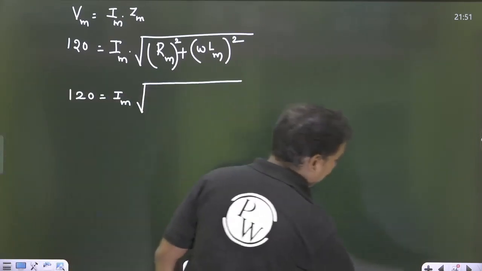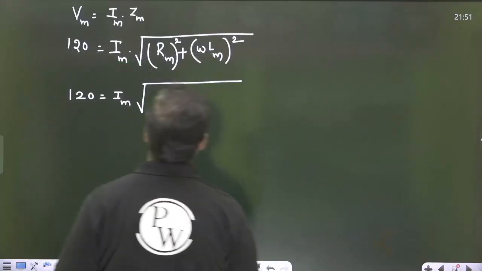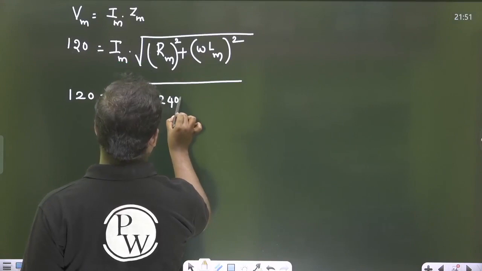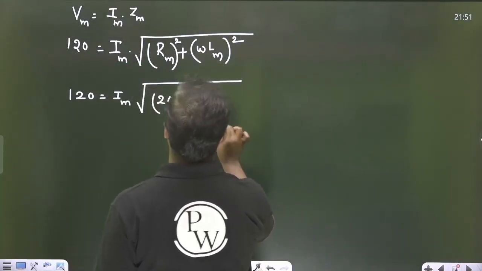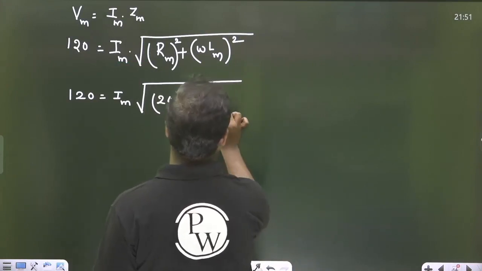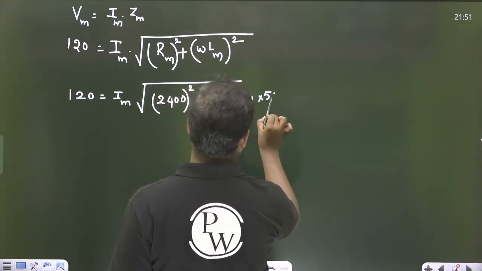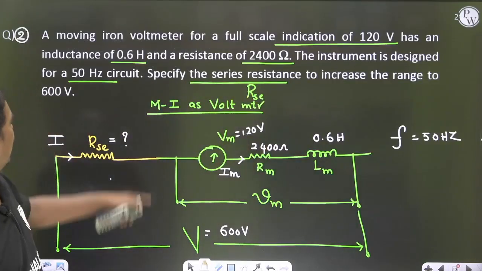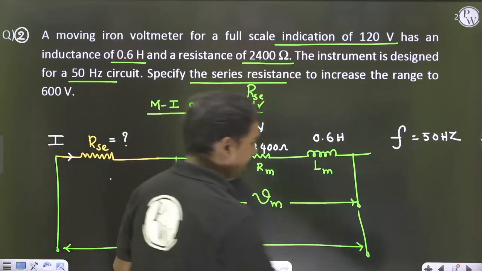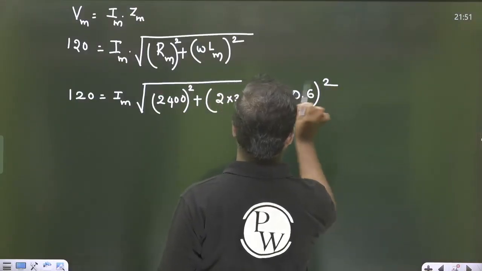The meter resistance is given as 2400. So substitute this: 2400 whole square plus omega Lm. Omega means 2 pi f, 2 into 3.14 into frequency 50 Hz into Lm, the meter self-inductance, that is 0.6 Henry. So this I can take as 0.6 whole square.